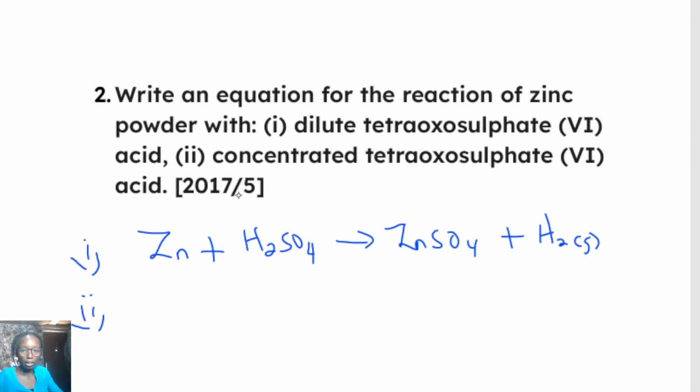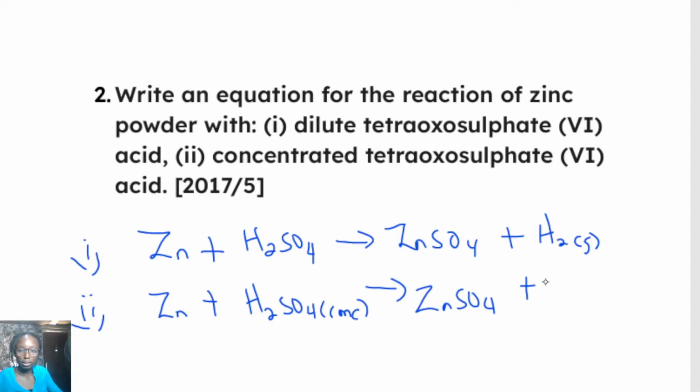And then if we have concentrated tetraoxosulfate 6 acid, so this was dilute. When you're reacting with concentrated, I just put CONC here to tell you that it's concentrated. You still have your salt, you have water this time around, and then you have the sulfur dioxide gas.